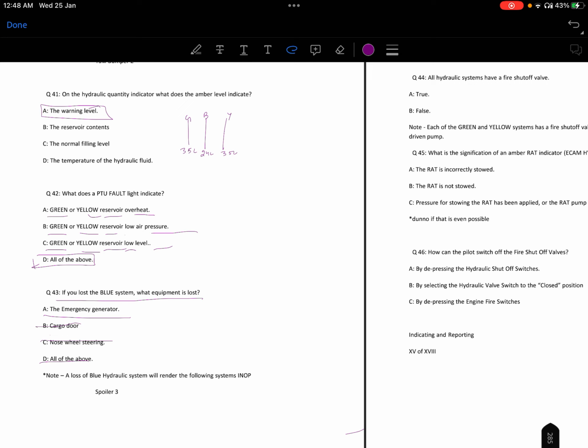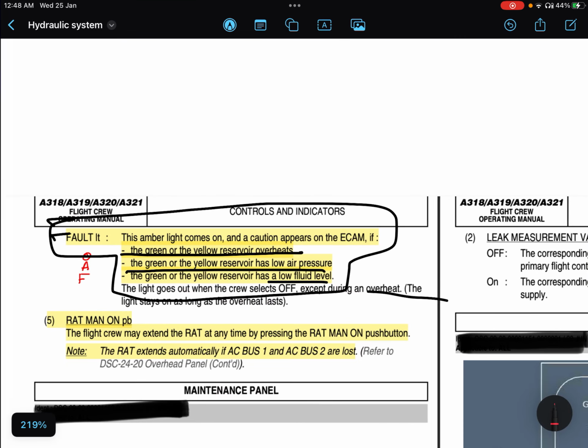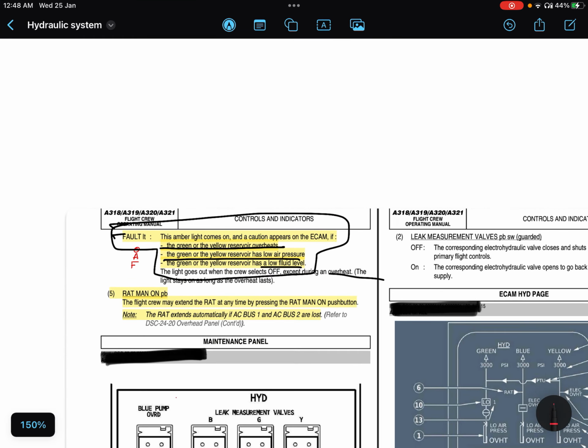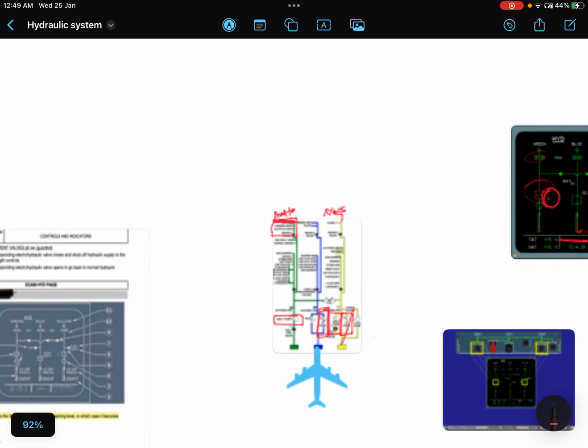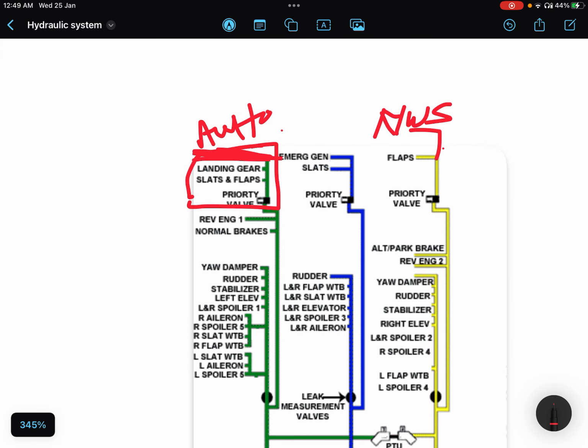Yes, here it is. So next question, if you lost the blue system, what equipment is lost? Emergency generator, no. Cargo doors, no. Wheel steering, wrong. All of the above, wrong. Loss of hydraulic system will render the following system inoperable. Spoiler 3, yes, obviously spoiler 3 will not be there. We will discuss it in flight controls, which controls are connected with which system.